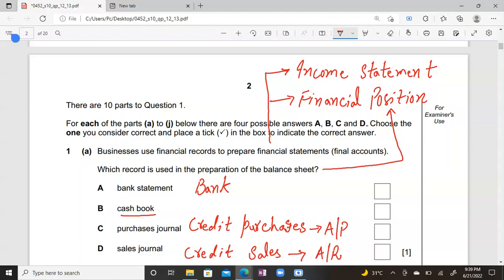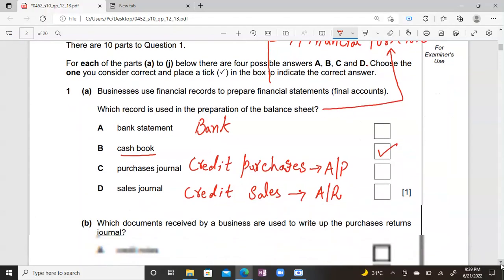The bank statement also provides information, but only if the business is doing all the transactions by check. But generally businesses maintain a cash book. Why? Because businesses have cash transactions and transactions by check. So the cash book is more suitable for this. So in question number one, our answer is cash book.